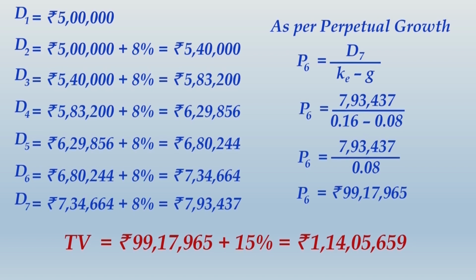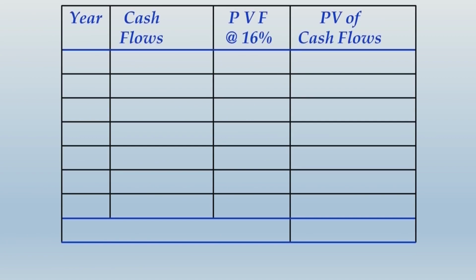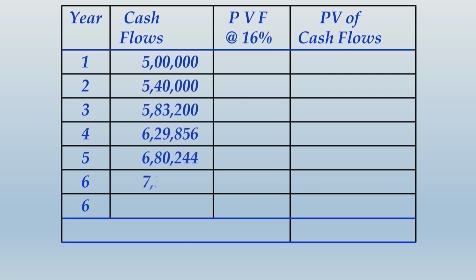Alright friends, you would have finished writing this whole thing. Let us now move ahead and determine the present value of all these future cash flows and the future terminal value. So what we would do is: year, cash flow, PV factors at 16%, and PV of cash flows. So year 1, 2, 3, 4, 5, 6 and 6. We have written 6 twice, one for the usual cash flow of the 6th year and one for the terminal value.